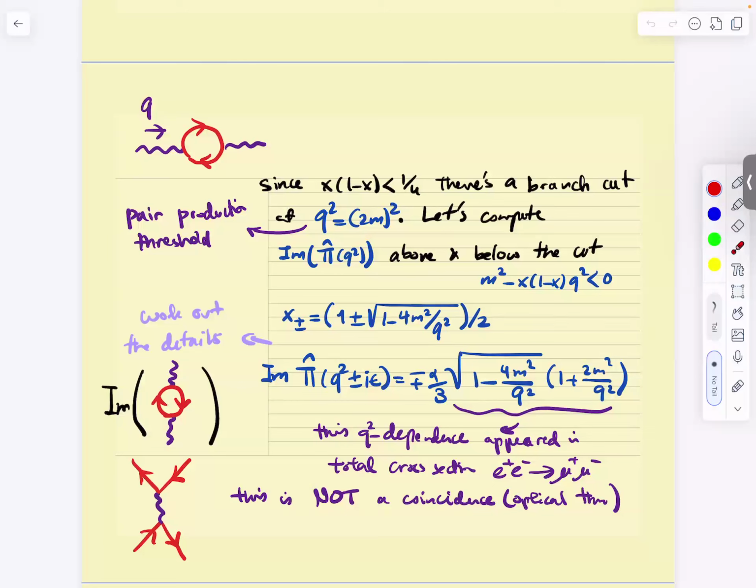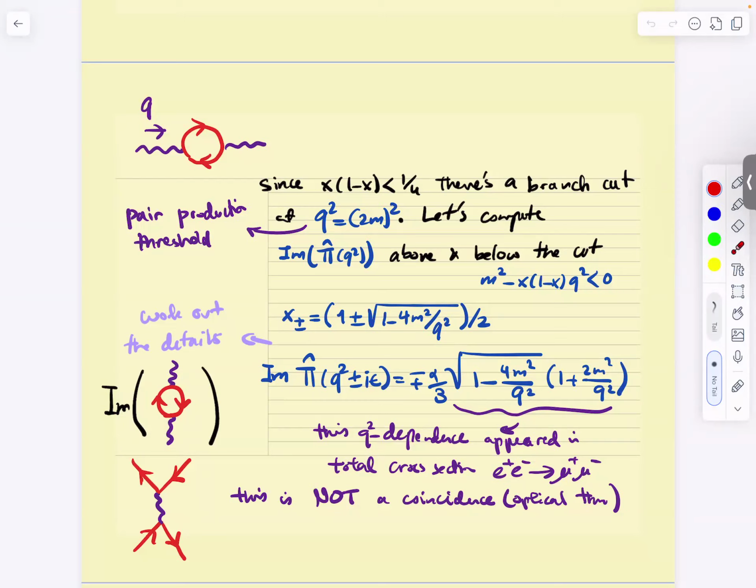Imaginary part of pi of q squared plus minus i epsilon. Good. All right. What does it end up being? This is the expression for it. You just do the calculation.